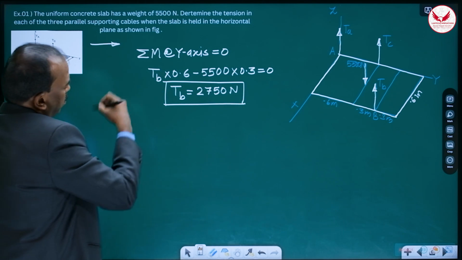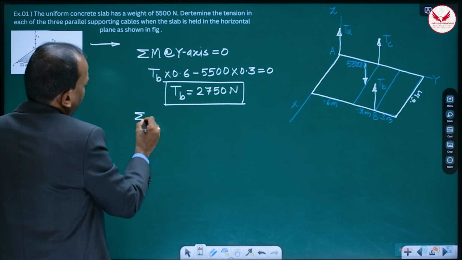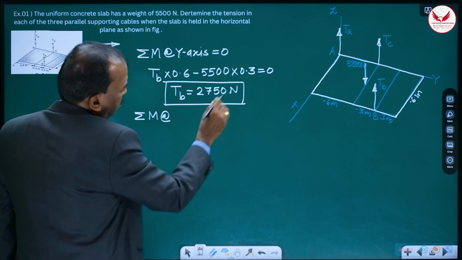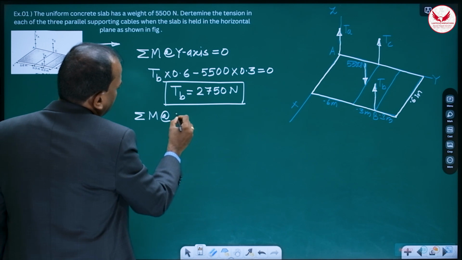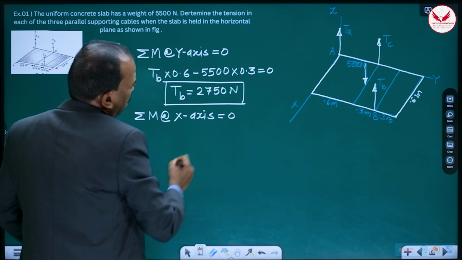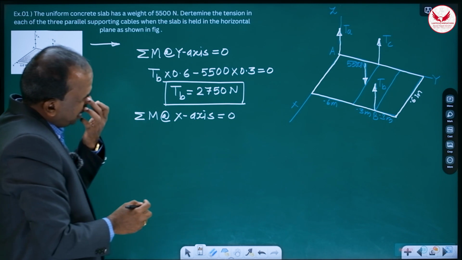Then once again, using the moment condition, summation M about x-axis is equal to 0. Then what is the moment about x-axis?